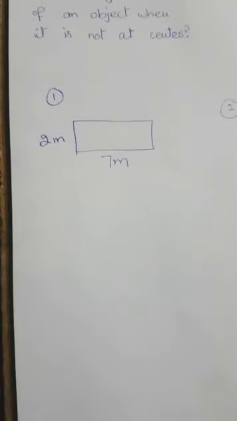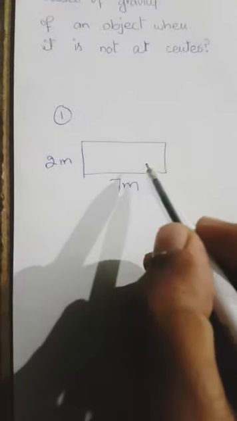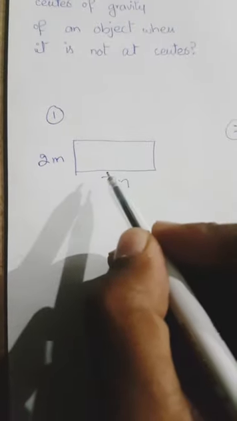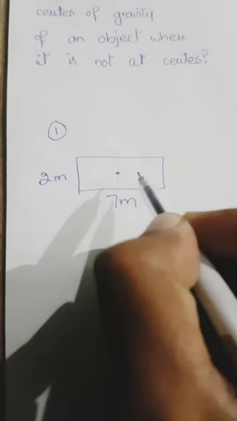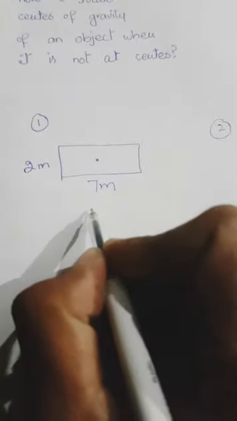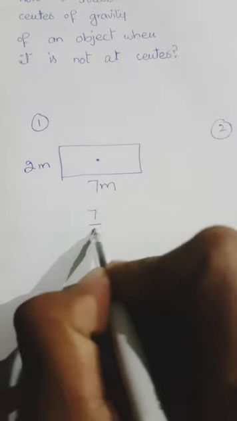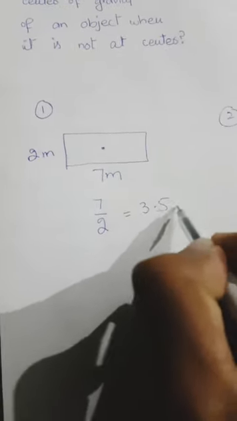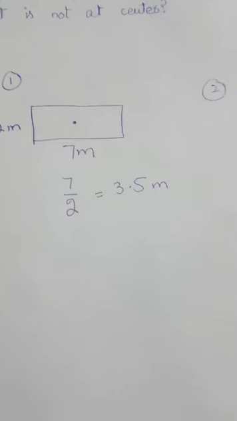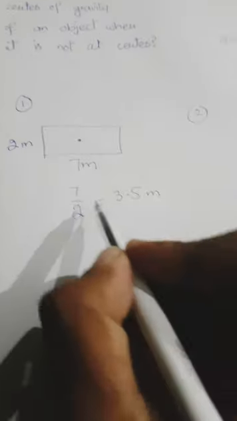Okay, now a shortcut method is to find the center of gravity of that object. It is a simple plane, so we consider its center of gravity at its center. So it is 7 divided by 2, which is equal to 3.5 meter. Consider it as the y component.